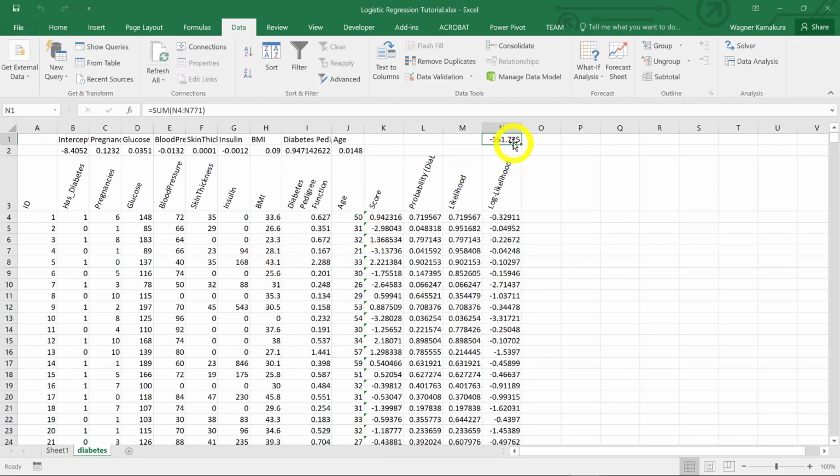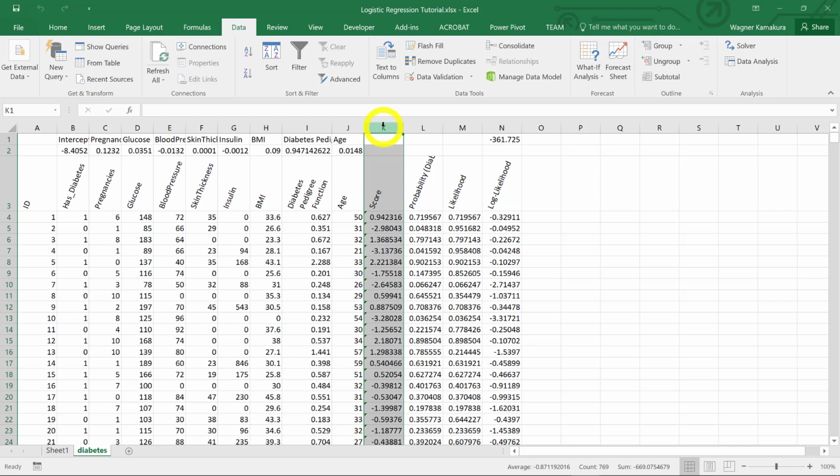You can see that the log likelihood is now not as negative. It went up from minus 500 and something to minus 361. Now this score here is the logistic score. Those are the scores that measure each patient's propensity of being diabetic.